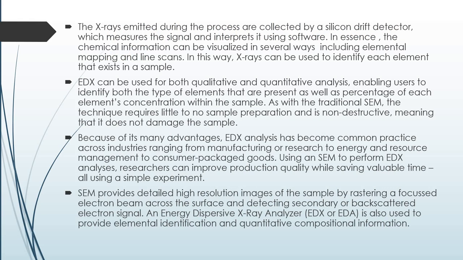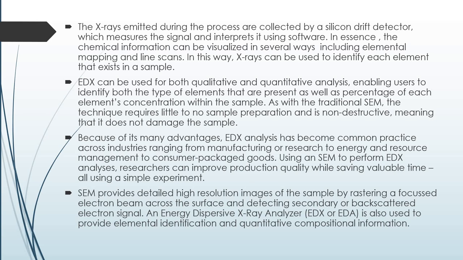The X-rays emitted during the process are collected by a silicon drift detector, which measures the signal and interprets it using software. In essence, the chemical information can be visualized in several ways, including elemental mapping and line scans.